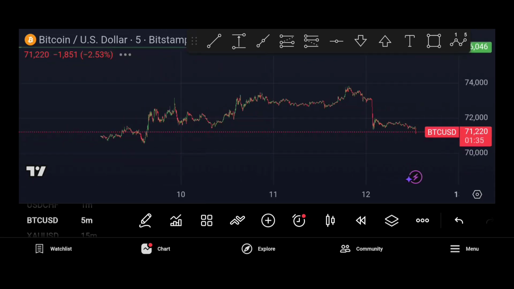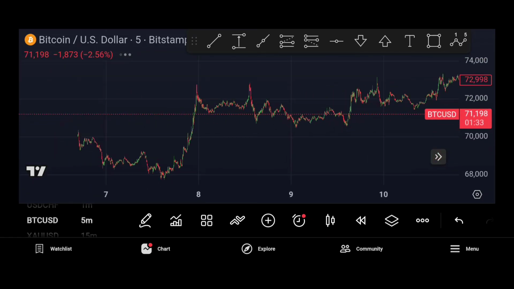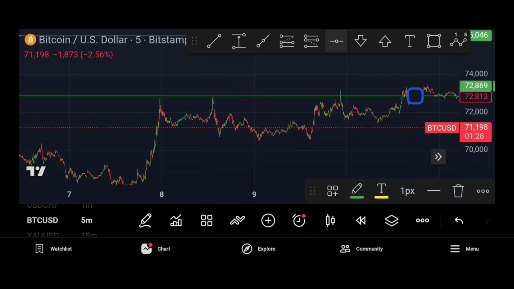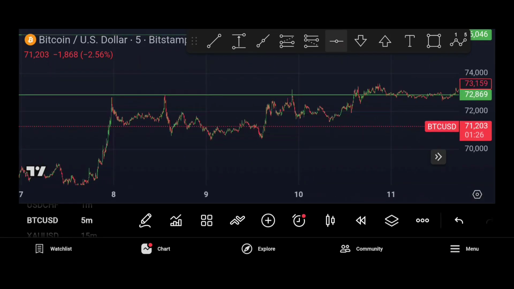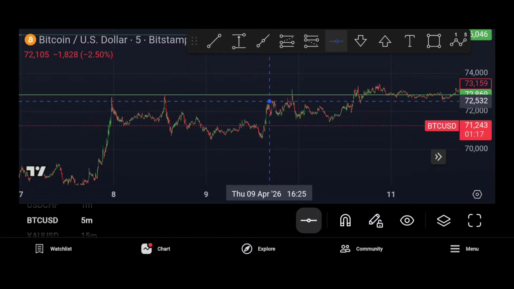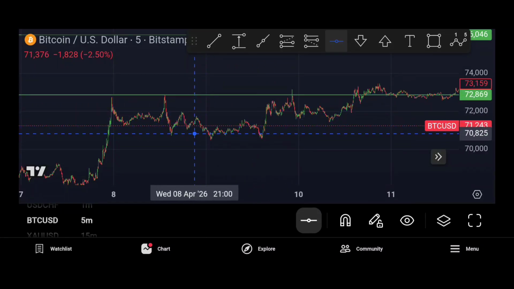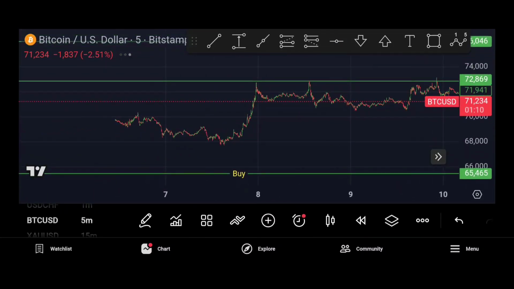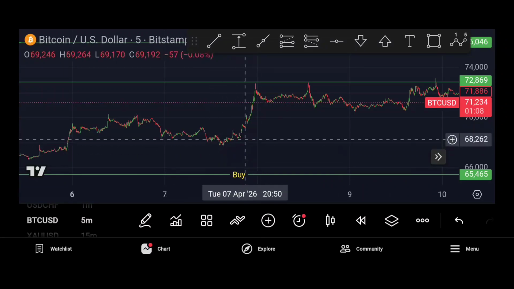And how do I determine my market structure? I do the same thing of marking my higher highs, higher lows, and doing the same thing on the bearish market respectively. So which is our low, which led to that high right there? I think it would have been this one right there.